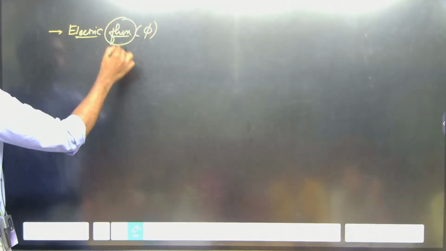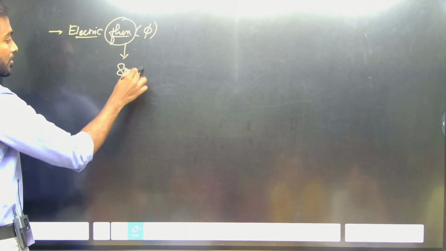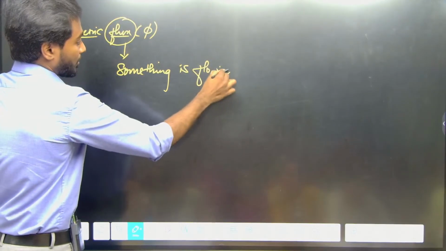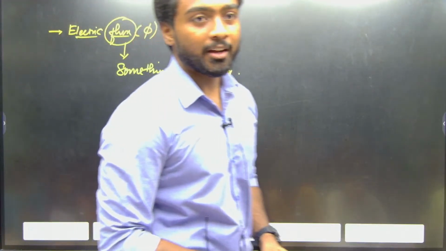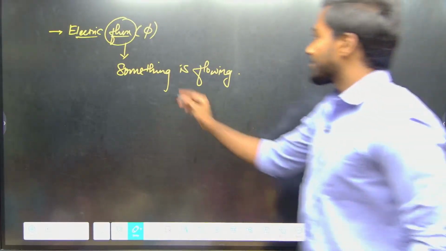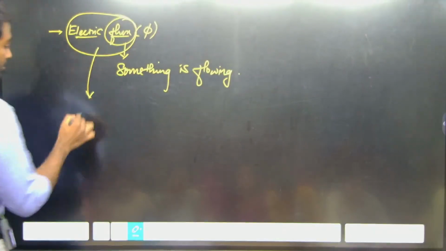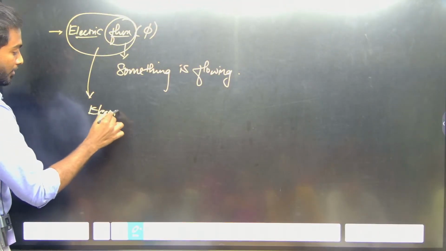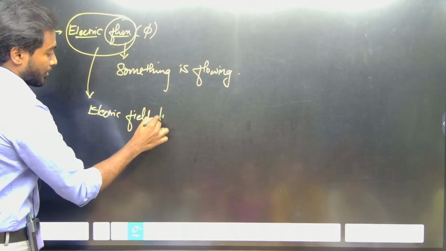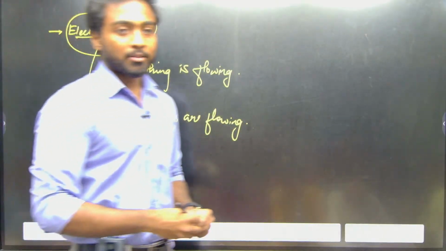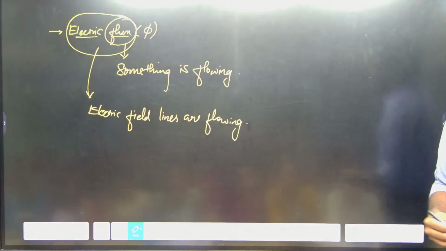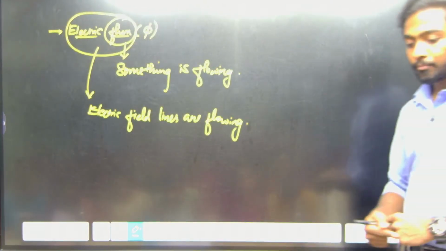Flux is nothing but something flowing. When I talk about electric flux, the electric field lines are flowing. So the meaning of flux is nothing but flowing. So electric flux is nothing but electric field lines flowing. Okay. Write down.